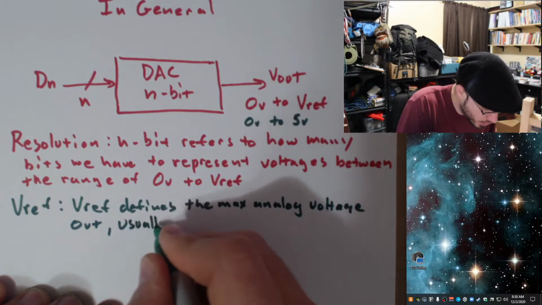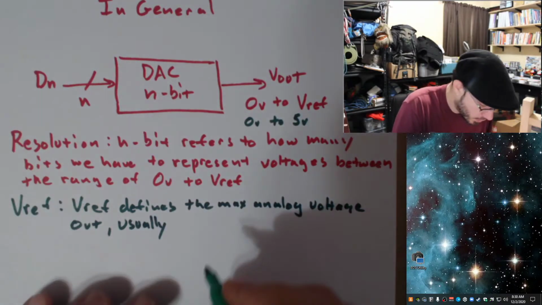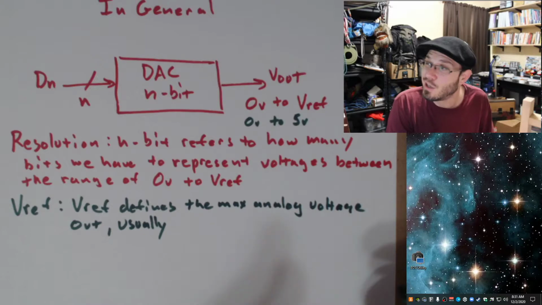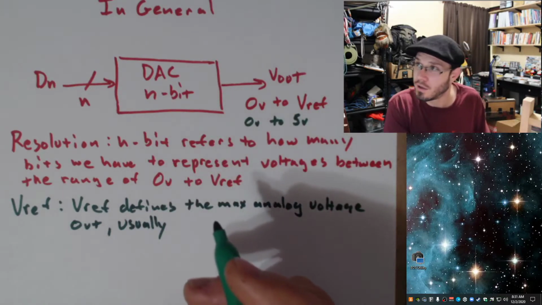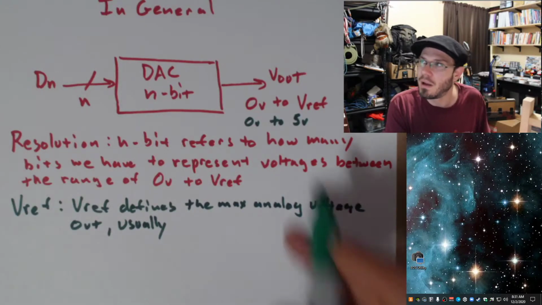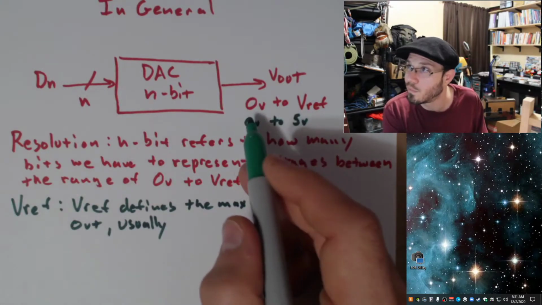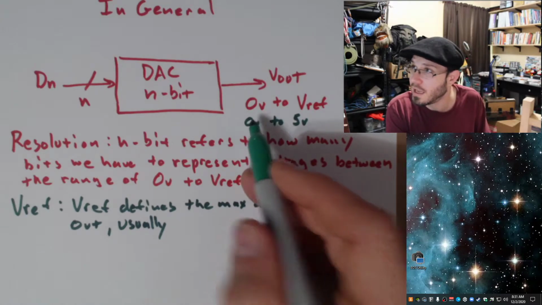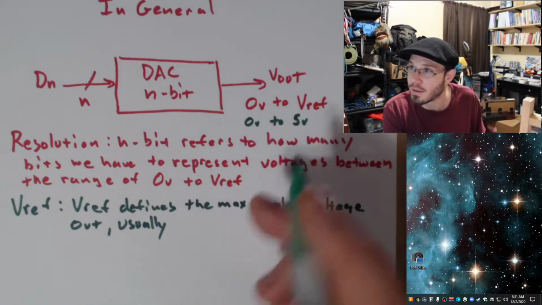And like I said, usually it's going to be taken from 0 volts. There's no reason I can't construct a digital to analog converter that gives me a voltage out from 1 to 6 volts. But generally speaking, we always have a ground in our circuit, so we might as well consider that the starting point.